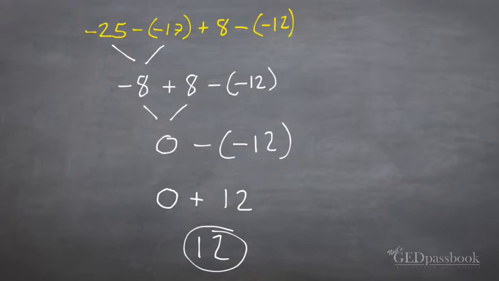There is one keep change problem that I want to go over before we move on to multiplying and dividing integers. And that is a problem that looks like this. Negative 12 minus 4.